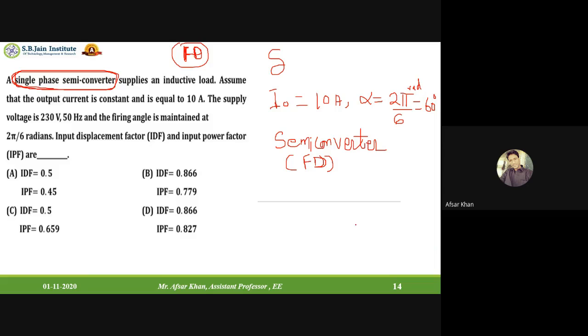Now, for that, tell me the displacement power factor, DPF. It is also called the input displacement factor, IDF. Both names are the same.